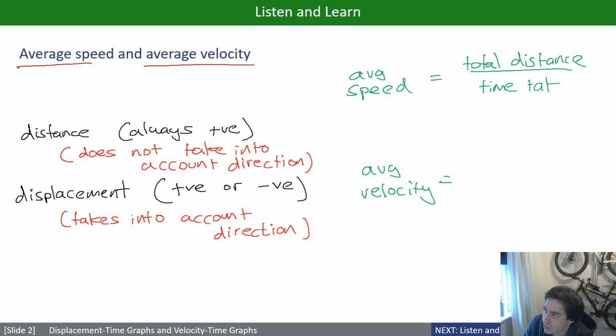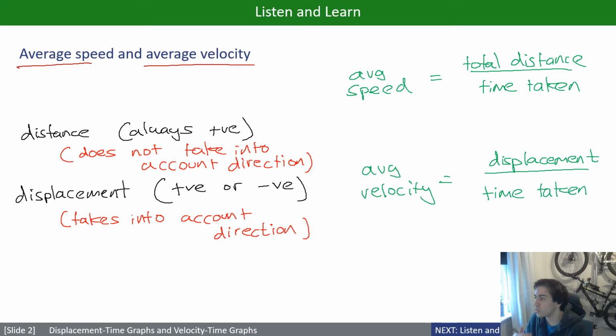And your average velocity, however, is your, I guess we don't even need to use the word total, we can just say displacement. Your displacement over time taken. So in the example we had, the total distance was 2 kilometers, and the time taken was some amount of time. And if you work it out, then yes, you could probably decide on an average speed.